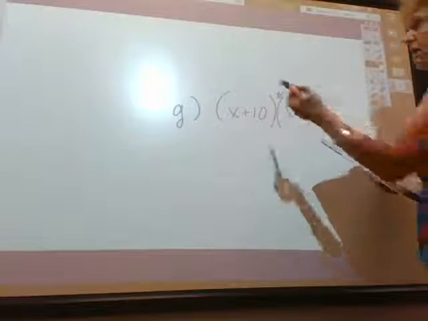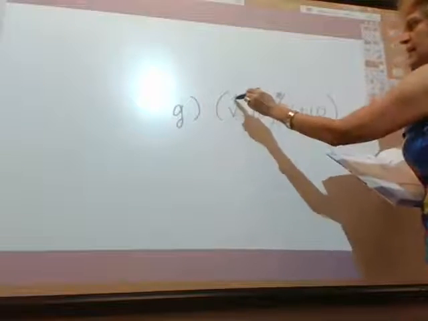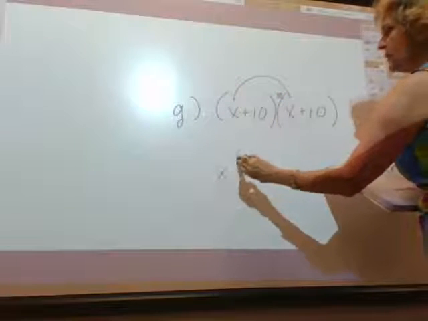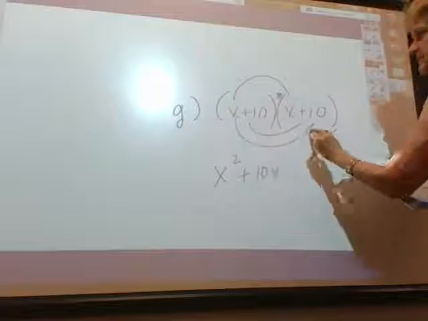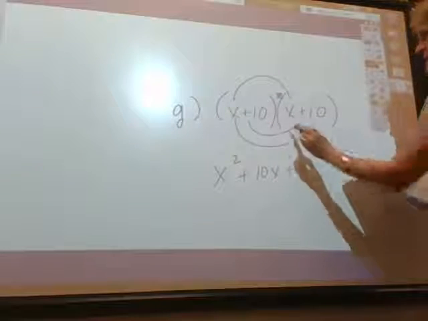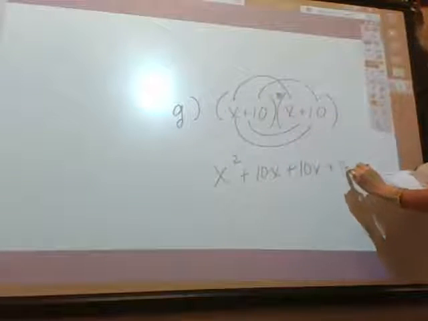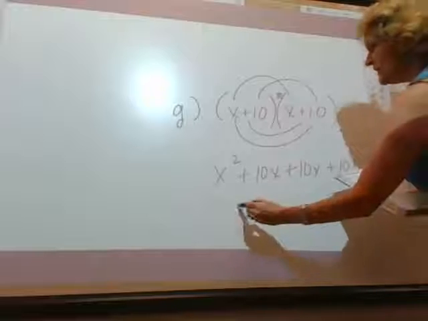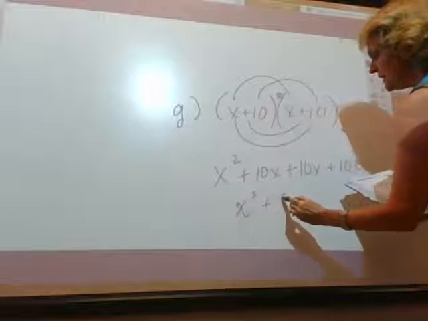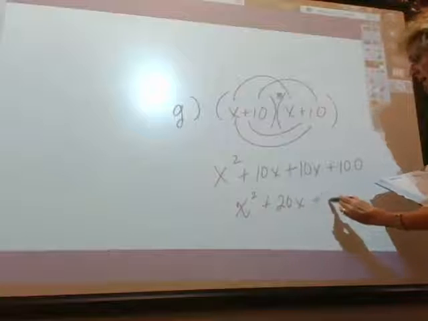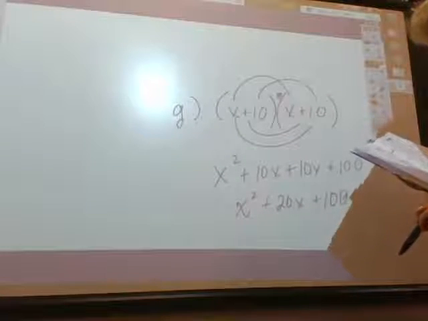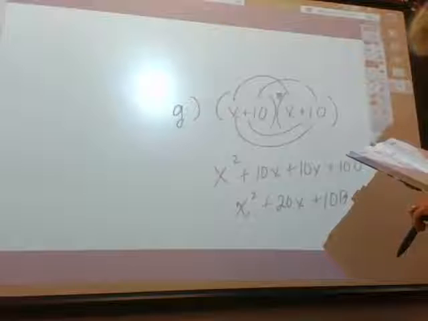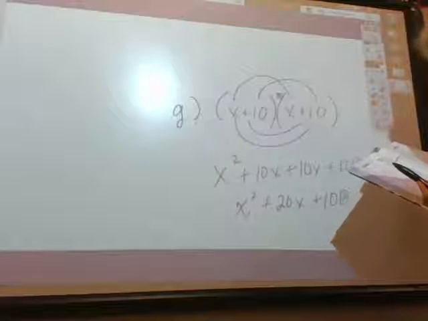So don't be wrong. So you have to write it twice and then do FOIL, okay? So resist the urge to distribute the exponent. So G is this answer. Okay, so look very carefully. So you're going to be careful with F that you do that as well, okay?